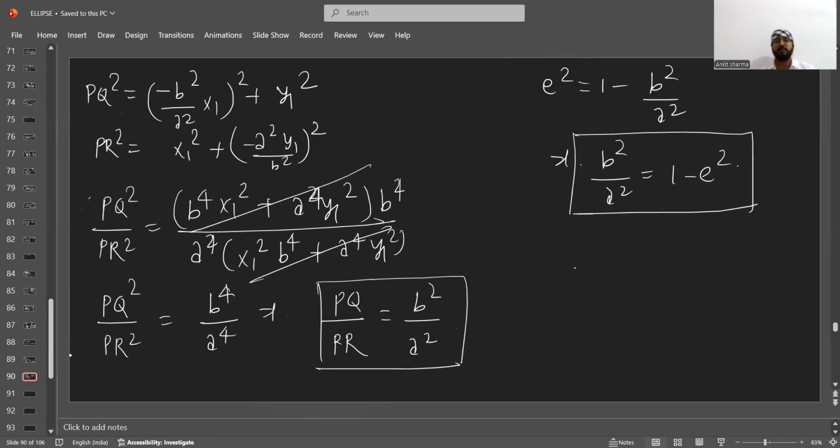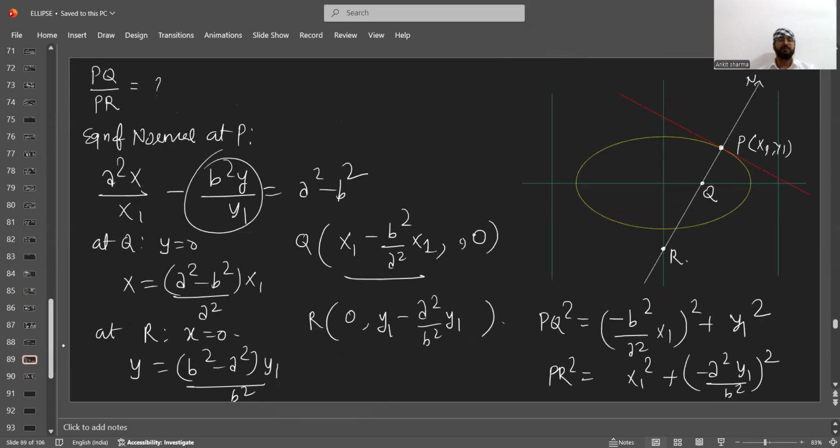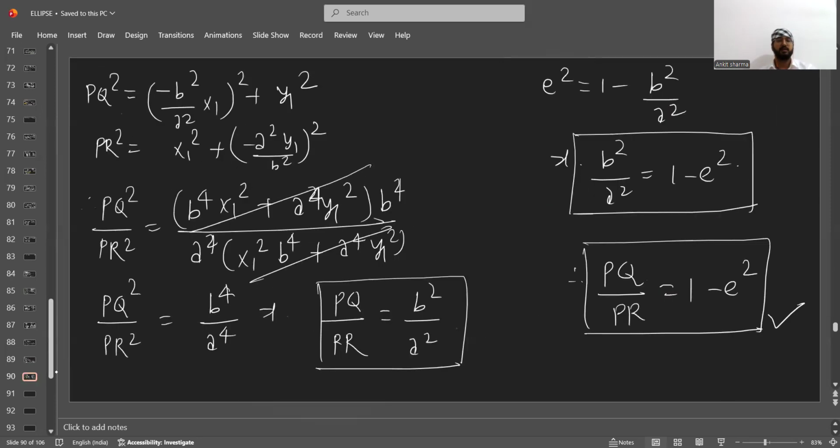So that means from here we get to see that PQ over PR is equal to simply 1 minus e square. So this is another version of this property. Okay, quite useful one. Let's go for the next.